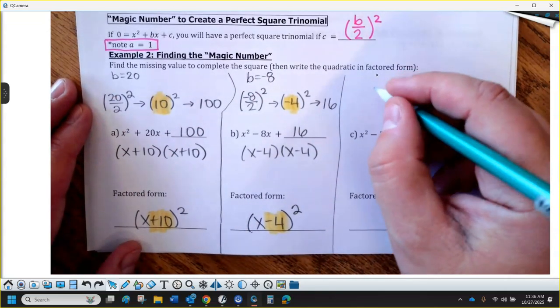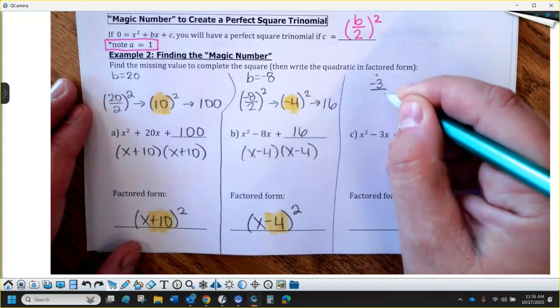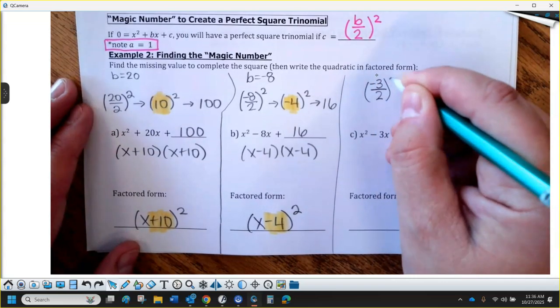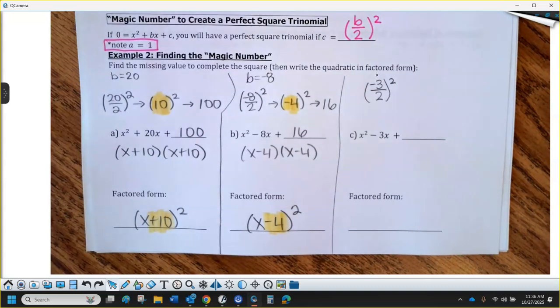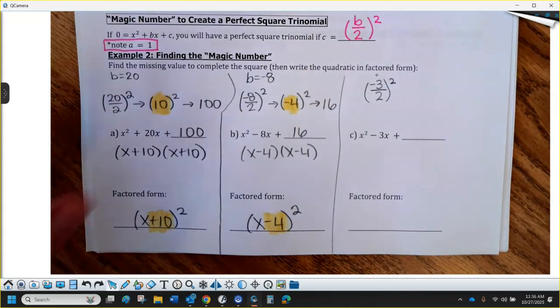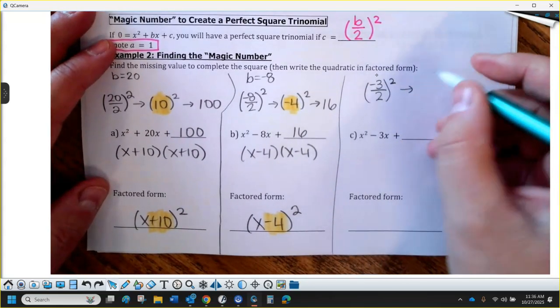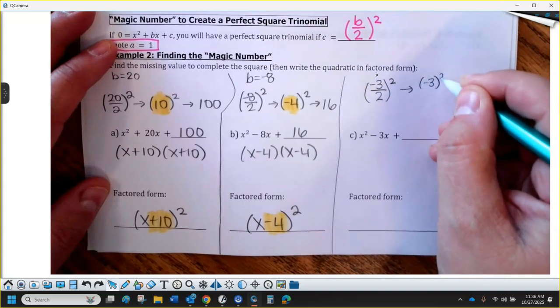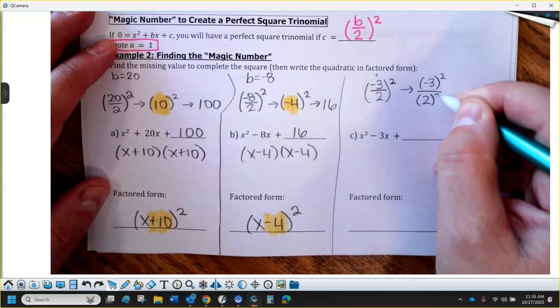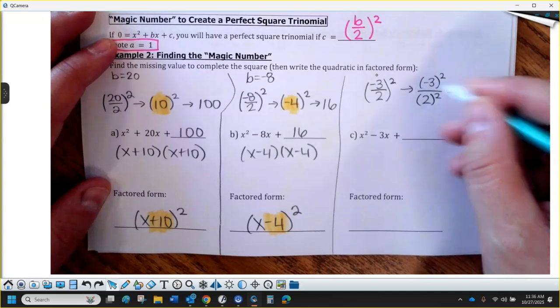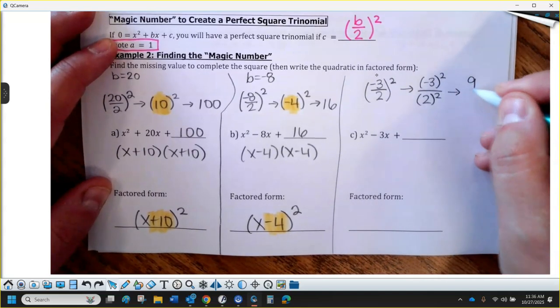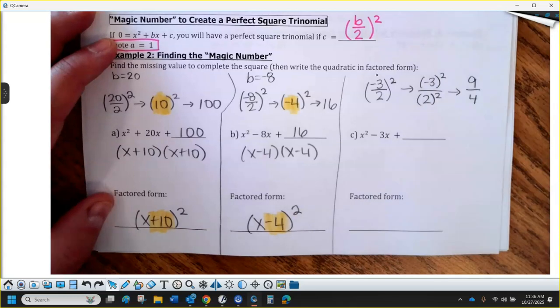Here, it's the b value, which is negative 3, divided by 2 squared. Now, I can't actually simplify that. It's just negative 3 over 2. But I can square it. The way this would work, you literally square the top and you square the bottom. Just do it as a fraction. So negative 3 squared would become positive 9, and 2 squared would become 4.